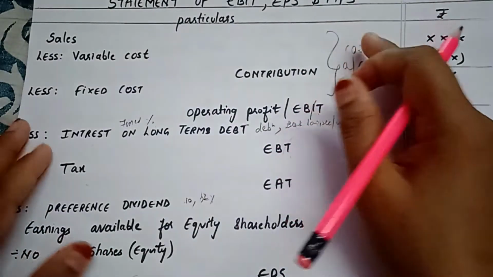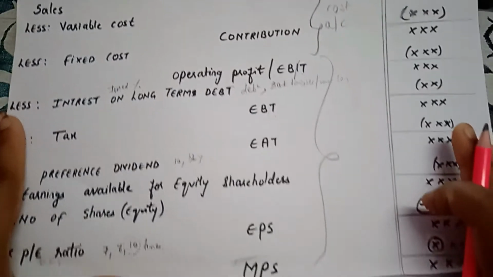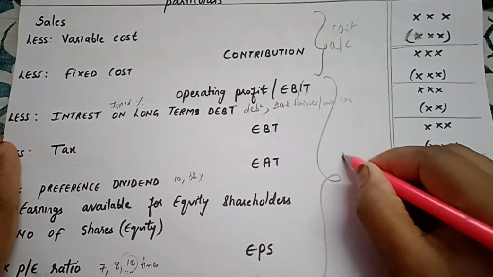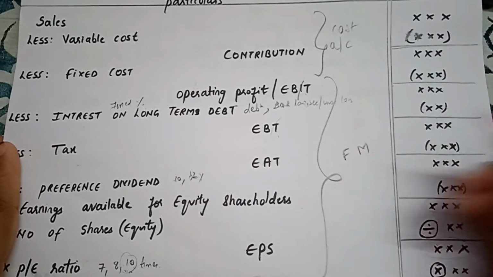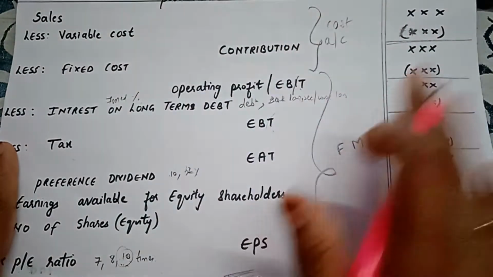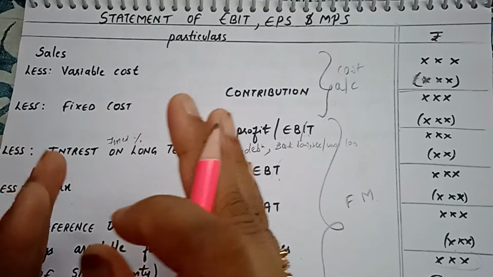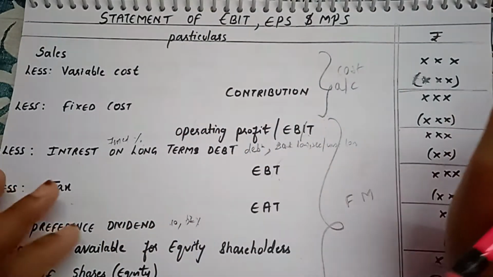And from here till the end, till you get the EPS, it is the responsibility of the financial manager or financial accountant, you can say. So this is the complete statement of EBIT, EPS and MPS analysis.